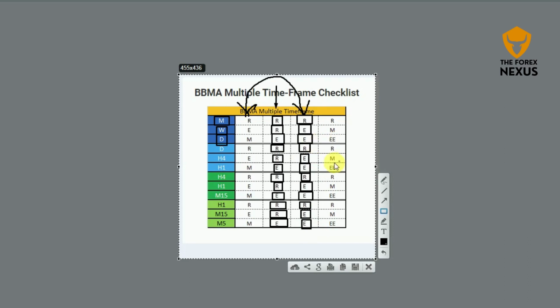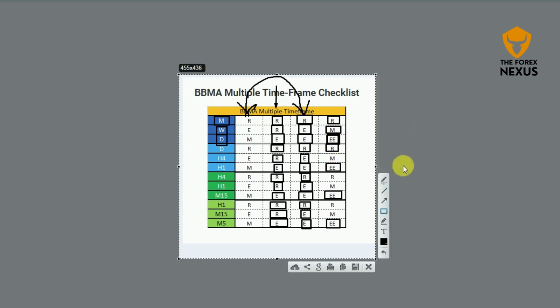Now this one is the fourth one, the RRE. Okay, you will get a double extreme on the third time frame here, but it rarely happens. Remember, it rarely happens. On the first time frame always look for a re-entry. On the second time frame there will be MHV, and on the third time frame there will be extreme and double extreme.